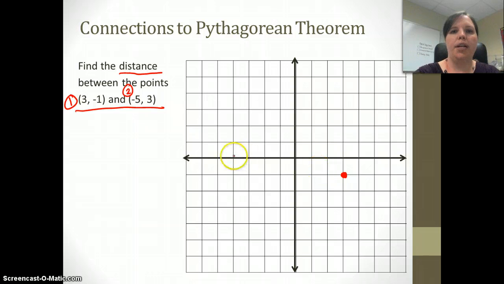And sorry, I should have pointed out that you would potentially need some graph paper here. So there's my 2 points, point 1 and point 2. So basically, if I put a segment in here between these two, I want to find how far apart those two values are. You may be saying, okay, I'm not really seeing the Pythagorean theorem here yet. And where you're going to see the Pythagorean theorem is, think about when we do slope.